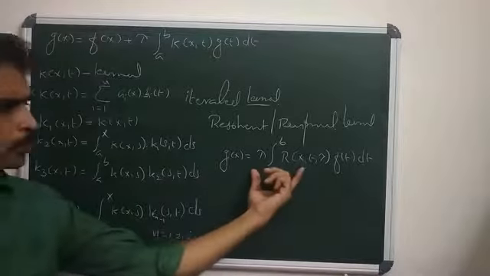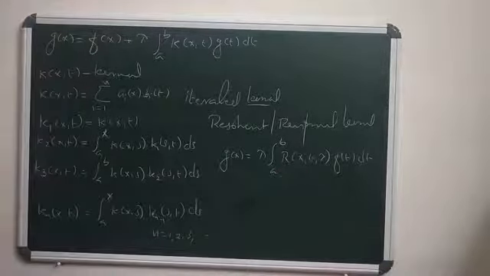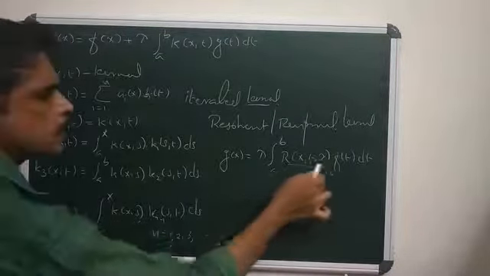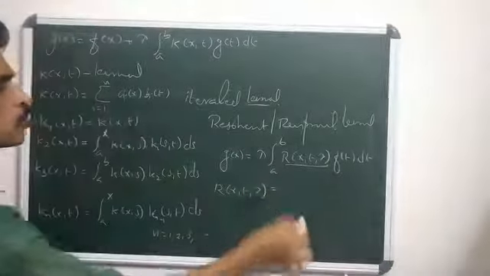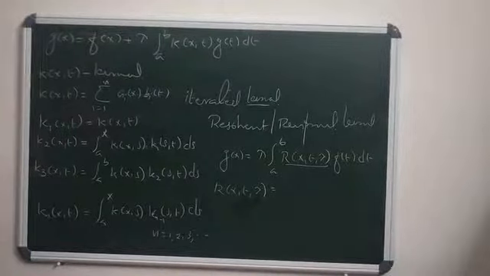If the solution of that integral equation is g of x equals lambda integral a to b R(x,t;lambda) f of t dt, then this R(x,t;lambda) is said to be the resolvent kernel or reciprocal kernel.